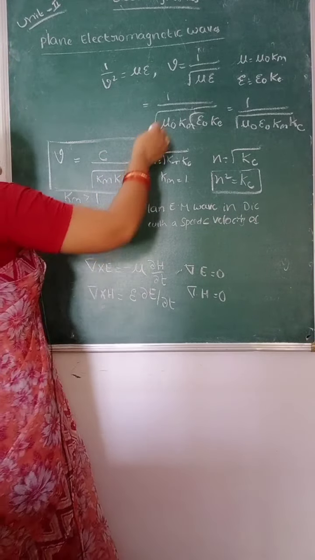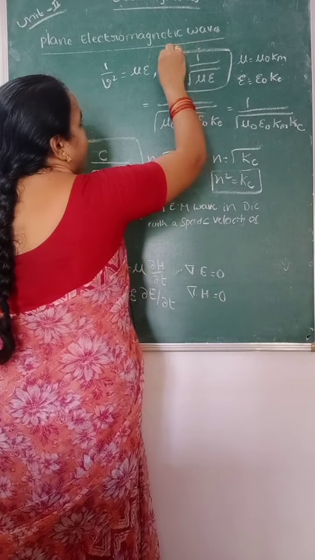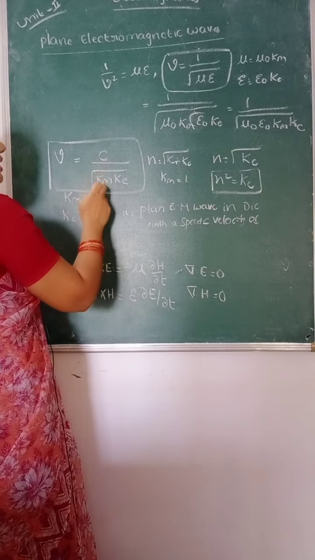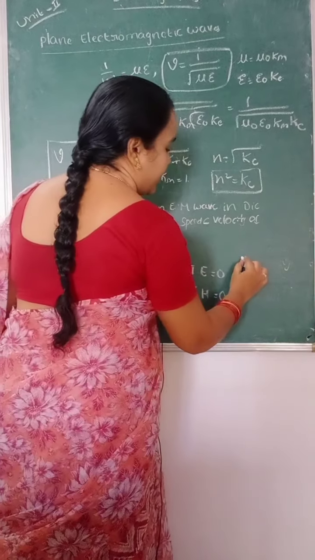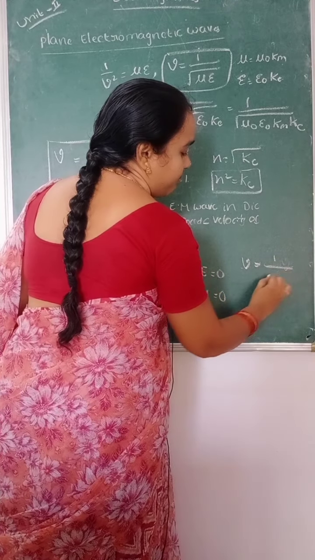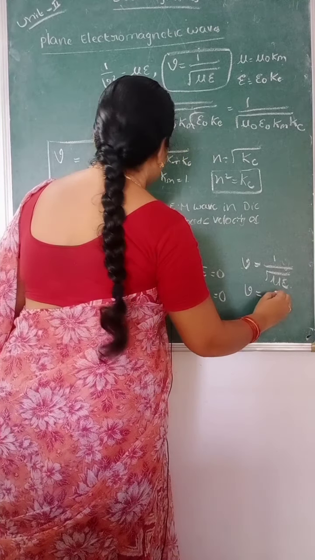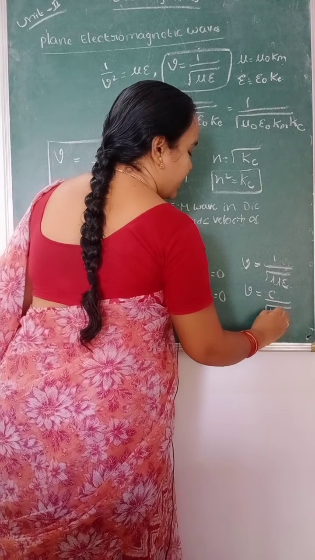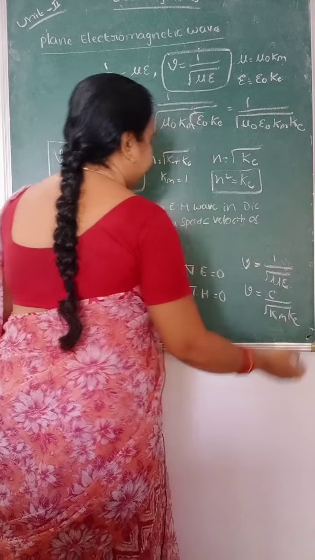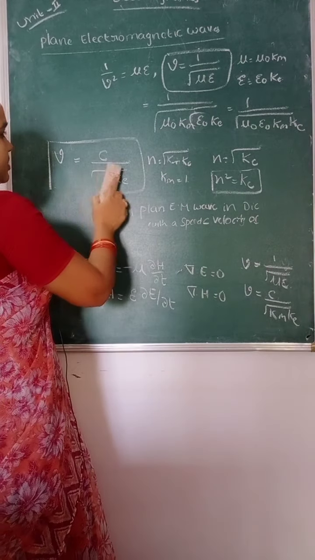So V is equal to 1 by root of mu epsilon, or V is equal to C by root of Km into Ke. Remember those two equations.